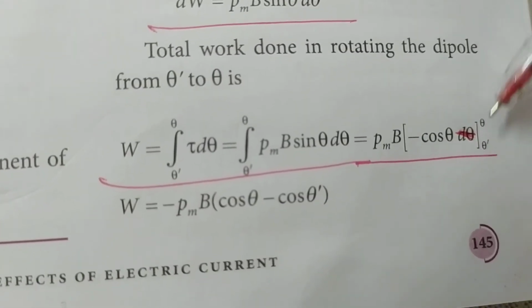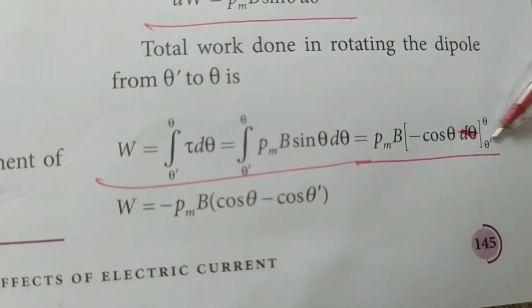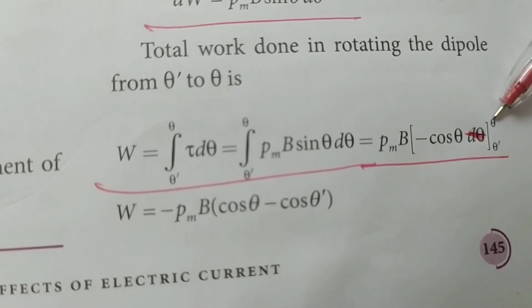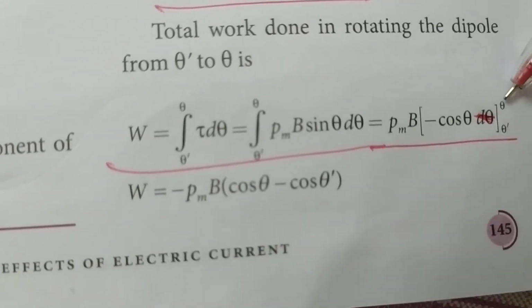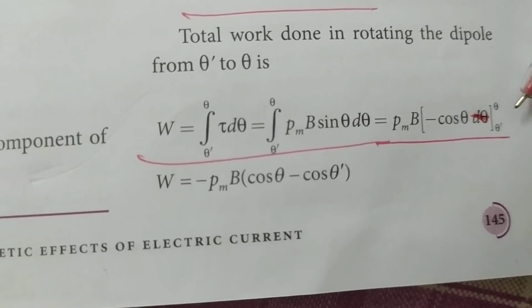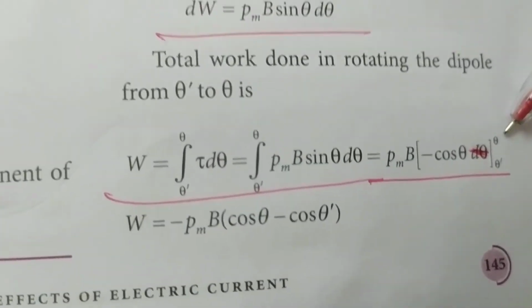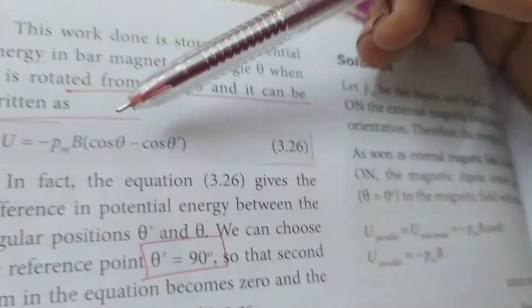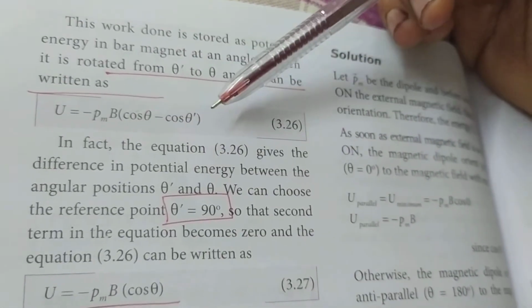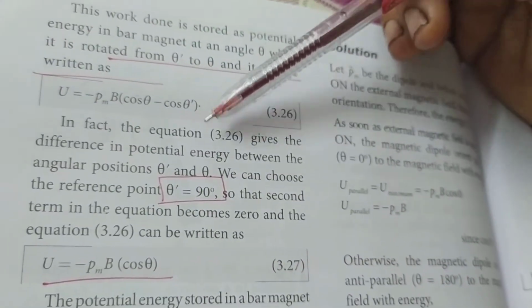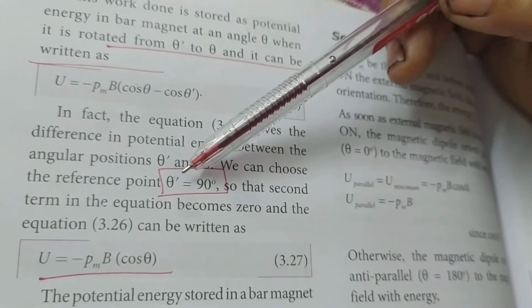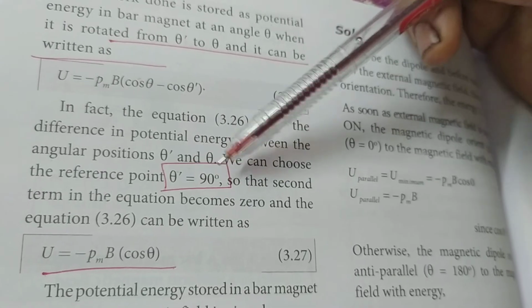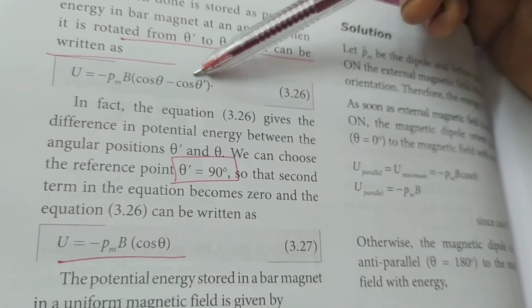Theta dash is the initial angle and theta is the final angle, because the bar magnet is rotated from the angular position theta dash to the angular position theta. Substituting the upper limit and the lower limit, this is upper limit minus lower limit. Suppose we take the initial position at an angle of 90 degrees, this term will become 0.